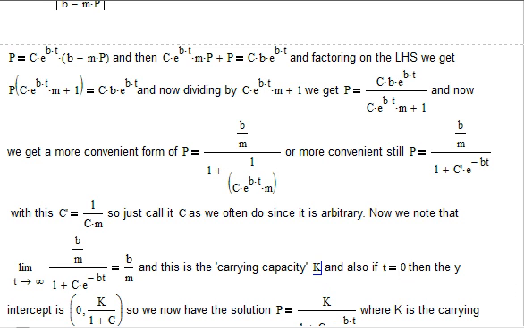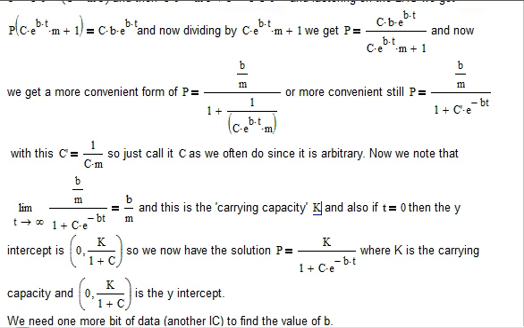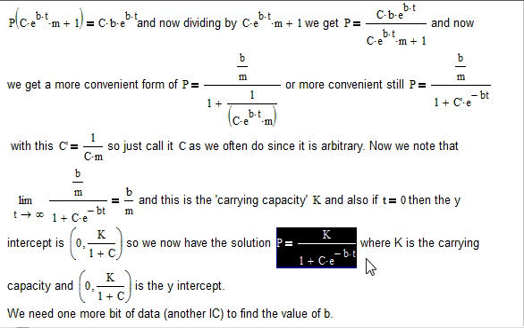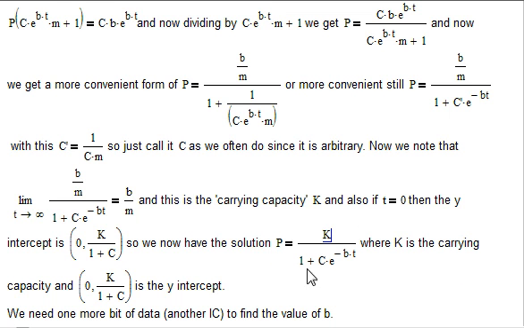And if we do that, then the y-intercept is 0, k over 1 plus c. Think about that. If t is 0, we got that k over 1 plus c. And we also have the carrying capacity in the numerator. So here's the typical format you'll see this in. Population is k divided by 1 plus c times e to the negative bt.